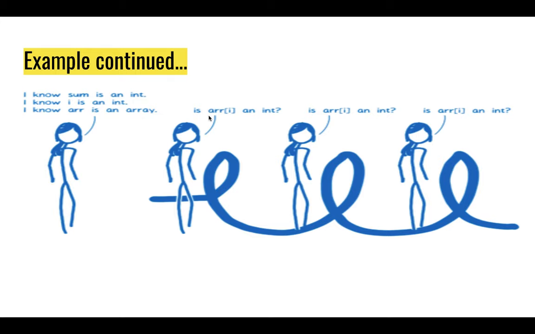The only thing that I have to check now is whether ARR I, the ith index of this array, is an integer or not. Was this a thing that I need to ask at each step? I cannot assume, because in JavaScript, arrays don't have a strict type. You can push anything into an array. You can push an object, another array, a function, a string, a number, a hell of a lot of things.